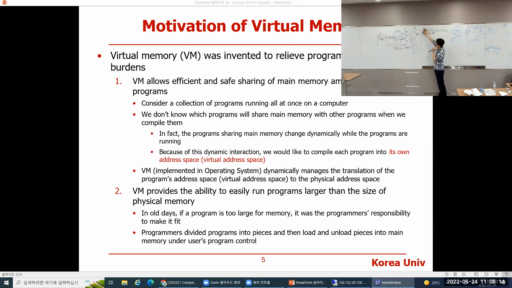Then T1 is executed, fully utilizing this virtual space, and the rest is managed by the operating system. When you execute task 2, it also fully utilizes this whole virtual space, and the rest is managed by the OS. The same goes for task 3.